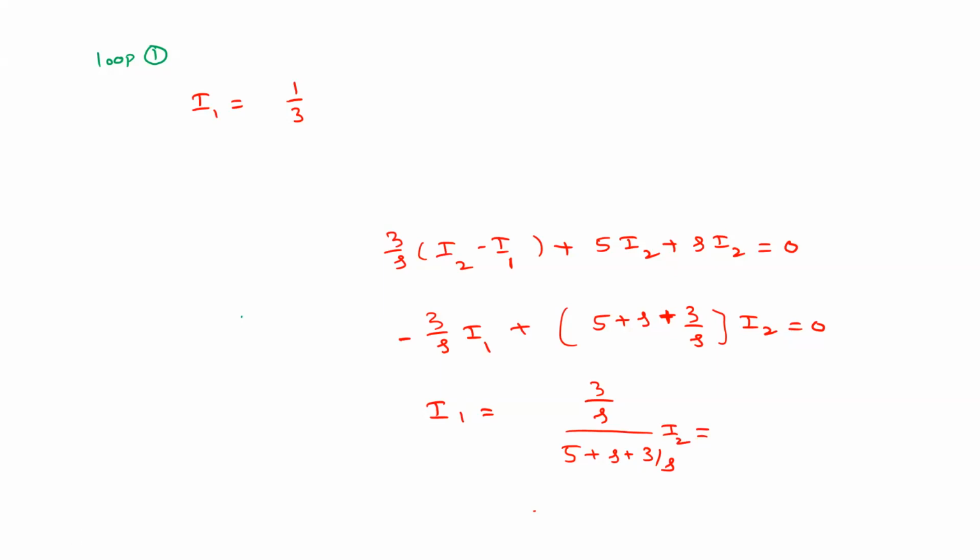So we get 1 by 3 into S square plus 5S plus 3, into I2.